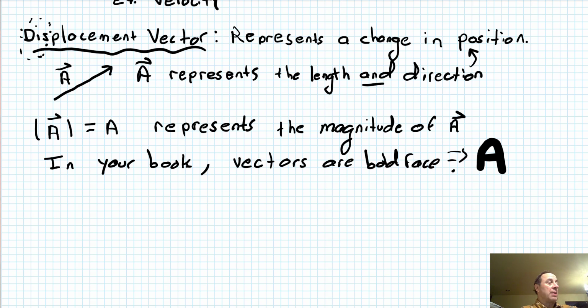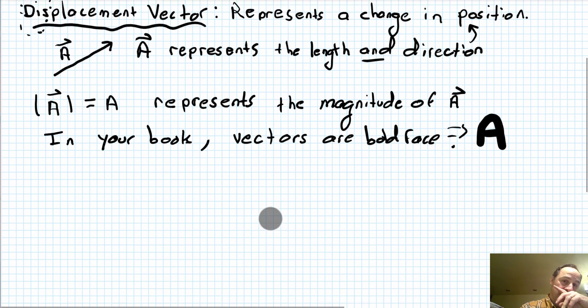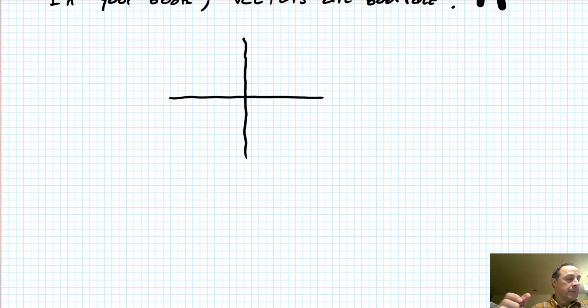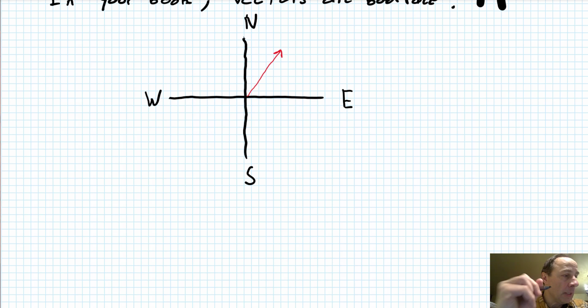Displacement vectors can be represented by giving the magnitude, the length, and the angle from some reference direction. So let's take our typical two-dimensional setup. We have east-west, and we have north-south. All right, so north, east, south, west. If we have a vector, I'm going to draw the vector in red here.